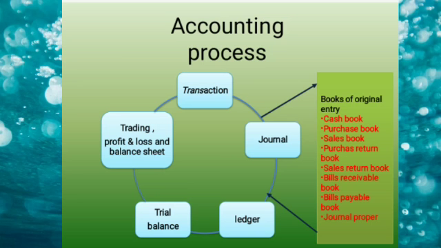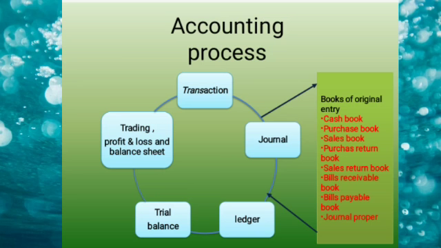Next, we have the purchase book. In the purchase book, all the transactions related to purchases are recorded. In the sales book, all the sales transactions; in the purchase return book, all the purchase return transactions, and likewise.